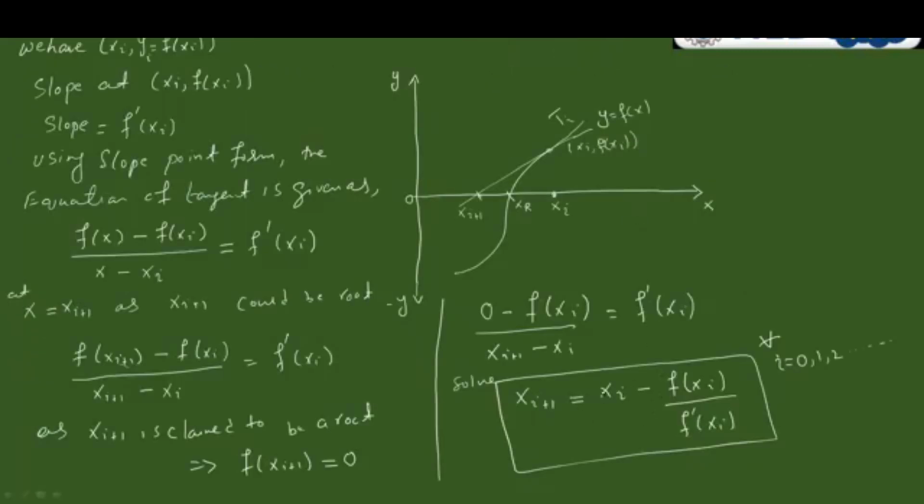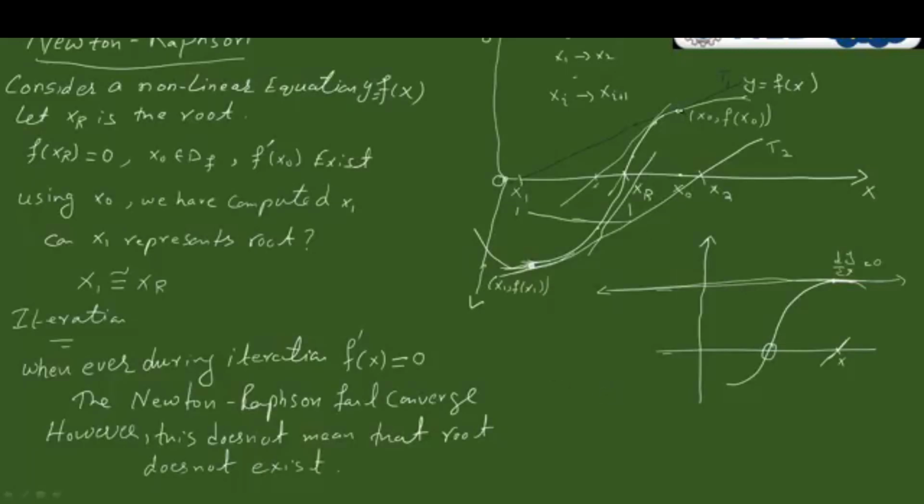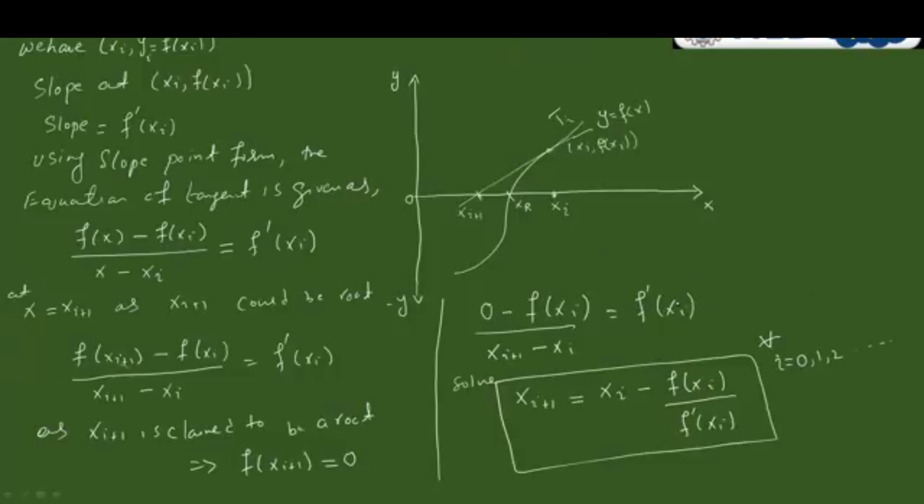Now I have pointed out that the derivative must not be zero, because geometrically, if the derivative is zero, it only happens at the maxima and the minima. In this case the tangent will be parallel and the method fails to converge. Is this condition also reflected by the algebraic formula?